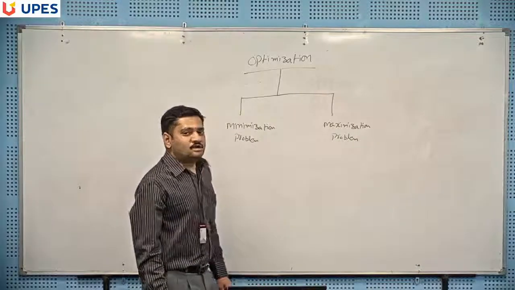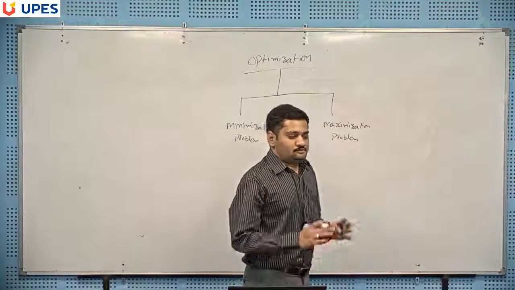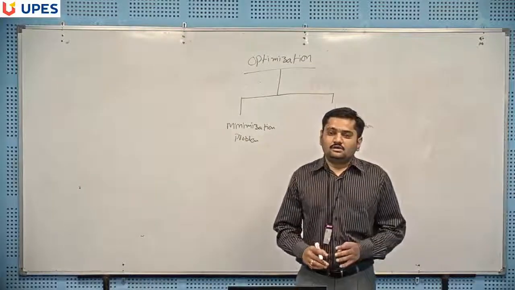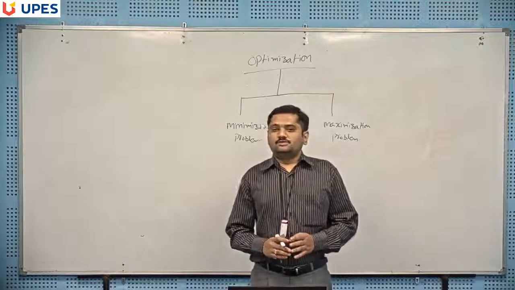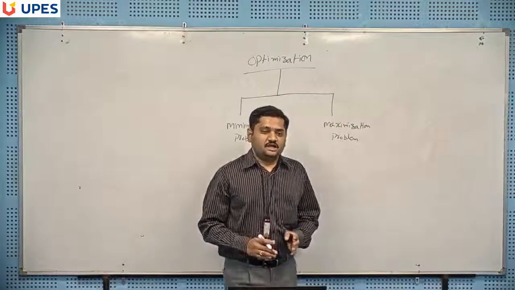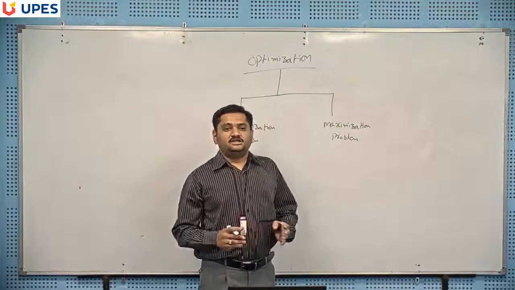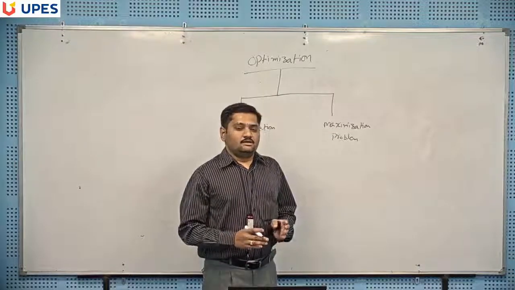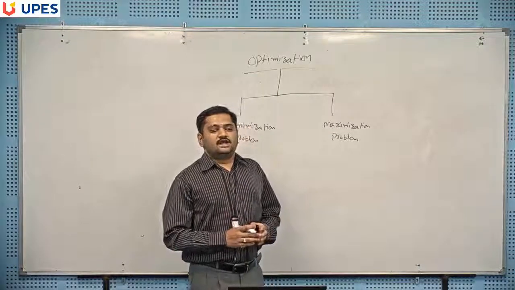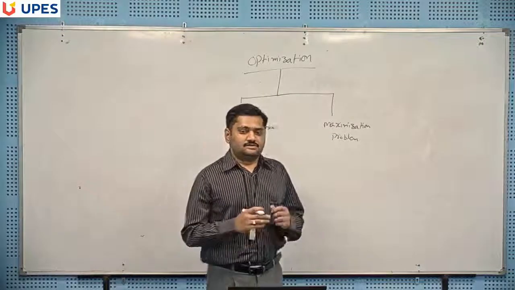First, we will understand what an optimization problem is. In the real world, whatever problems we see, especially in the field of artificial intelligence, we can convert those problems into optimization problems.